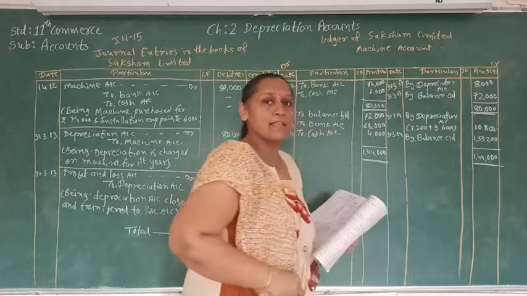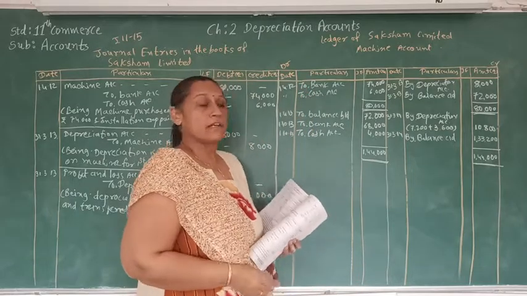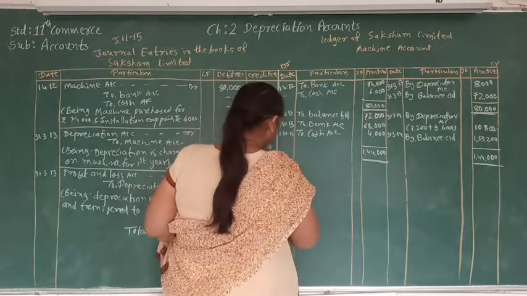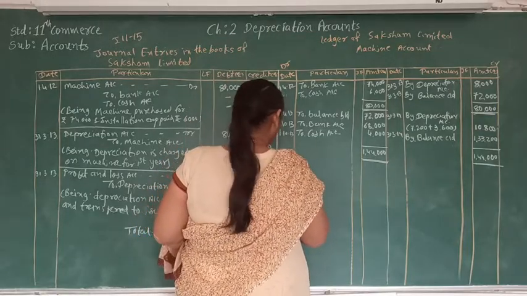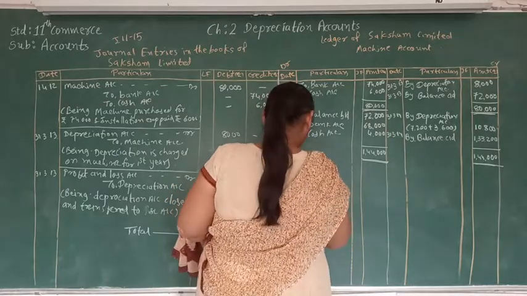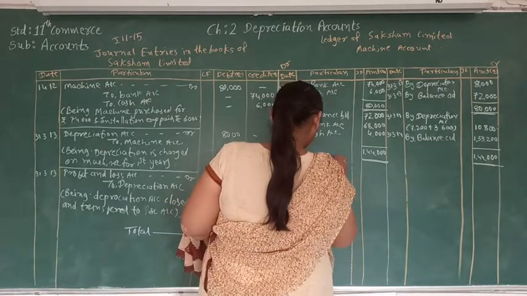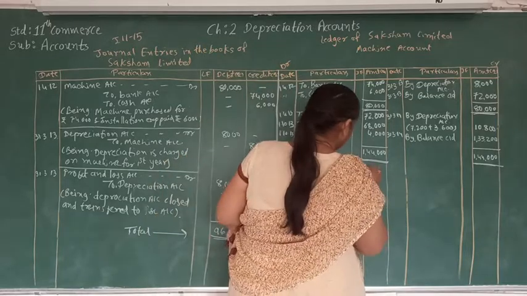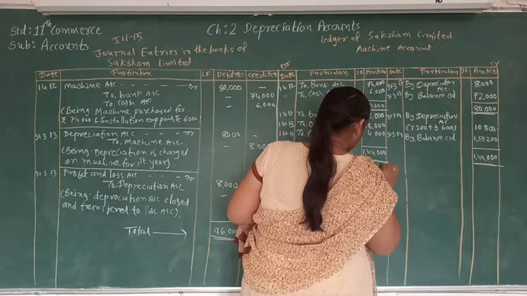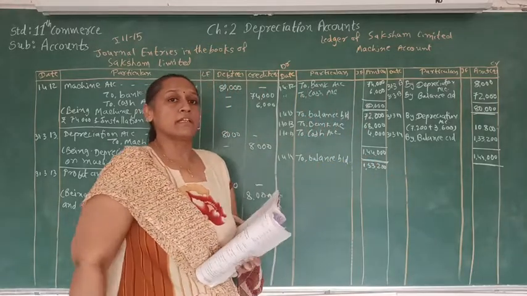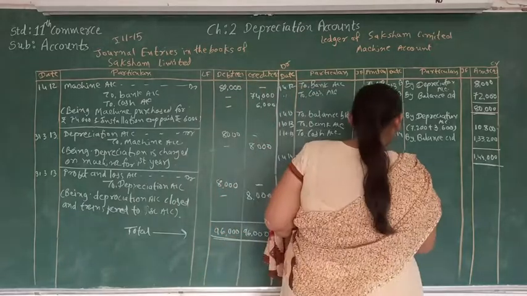So this is the balance at the end of the second year. Now let's find out the next year. Next year on 1/4/14, to balance brought down, and the amount of the balance is 1,33,200.